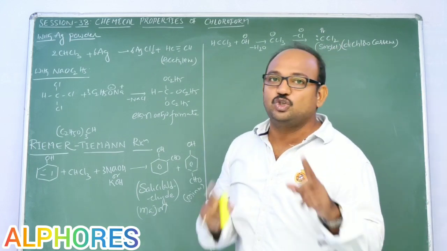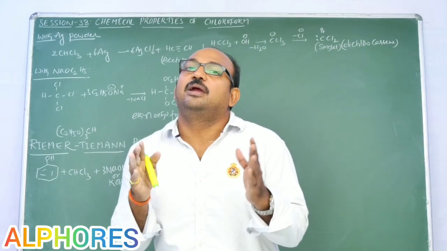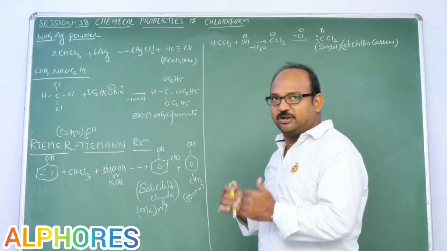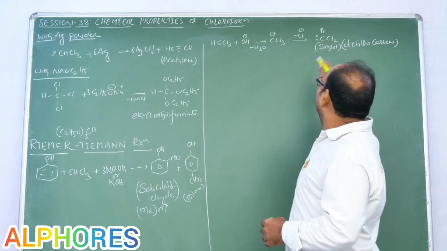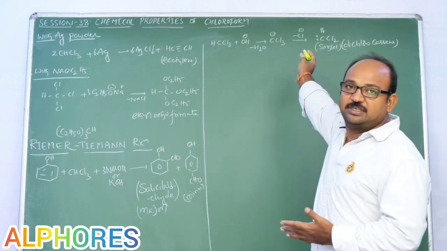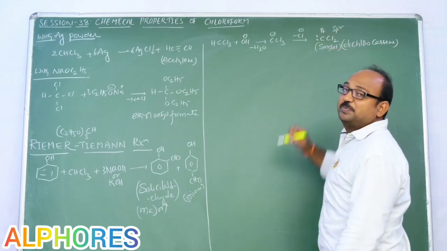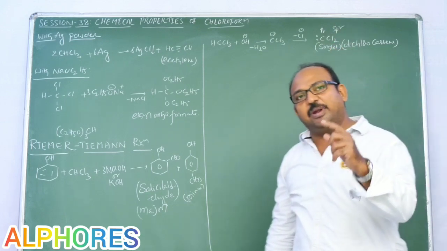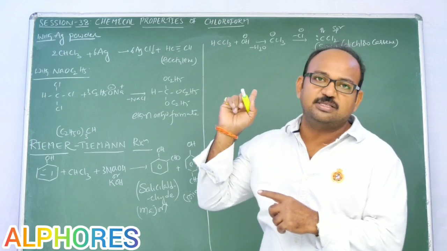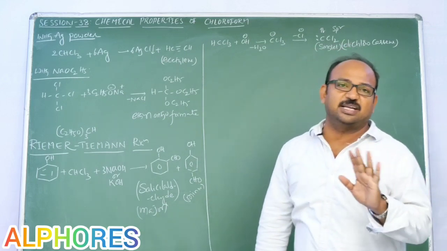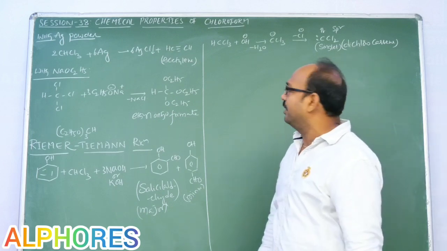Triplet carbene means the two electrons exist individually as two unpaired electrons, right? That is the difference between singlet and triplet. So this one is sp2 hybridized singlet carbene. One of the hybrid orbitals holds the lone pair, and there is one pure p orbital remaining at carbon.